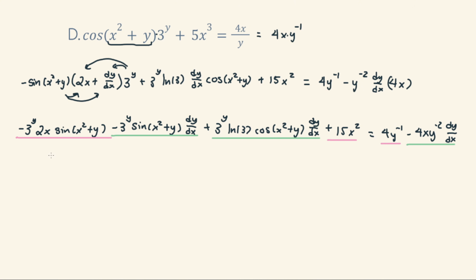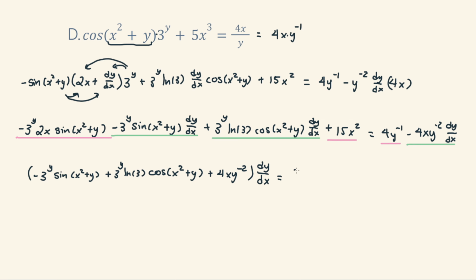Okay, so we're going to have, let's see, minus 3 to the y sine of x squared plus y plus 3 to the y ln 3 cos of x squared plus y, and now we're going to have plus 4xy to the minus 2, right? And now that they're all on the left, we can factor out the dy over dx.